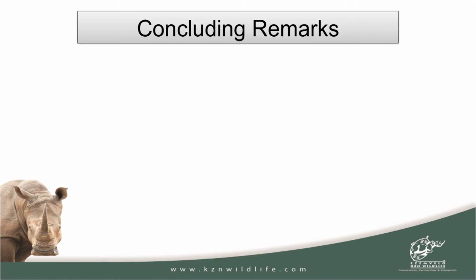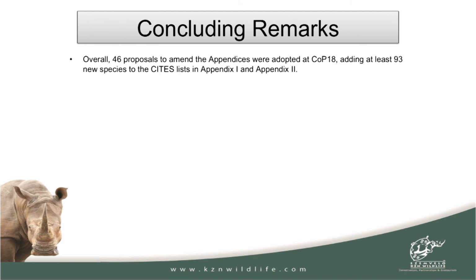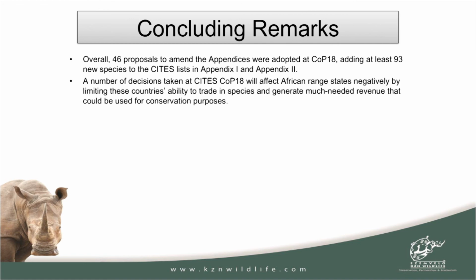So, some concluding remarks. Overall, 46 proposals to amend appendices were adopted at COP, adding at least 93 new species to the CITES list in Appendix 1 and 2. The number of decisions taken at CITES COP will affect African range states negatively by limiting these countries' ability to trade in species and generate much needed revenue that could be used for conservation purposes.